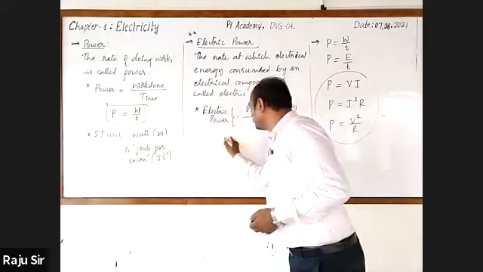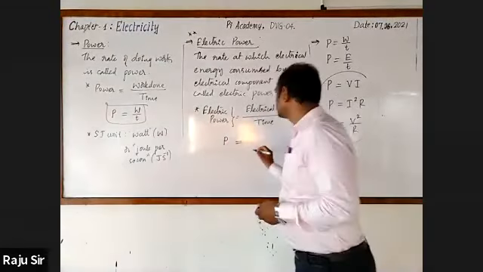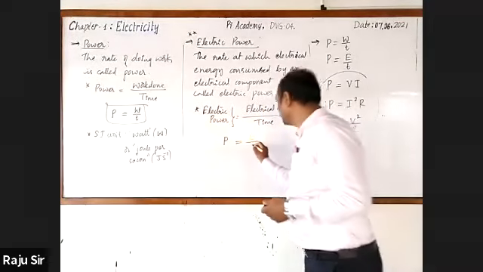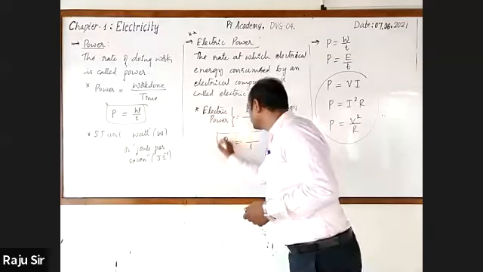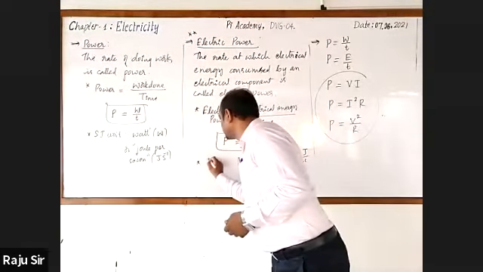Electric power is also denoted by P, and this is equal to electrical energy, denoted by E, and time taken, denoted by small t.